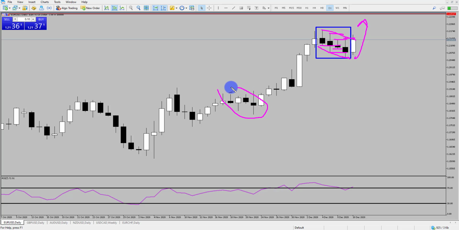It's very much like this pullback here. You can see the market closing back within these ranges, and this move here as well, market closing back within the candlestick ranges. We get the continuation trades. Whenever you see these kind of shallow moves in the markets, that's where you need to start paying attention to the move ahead.